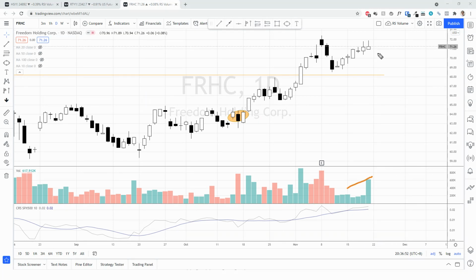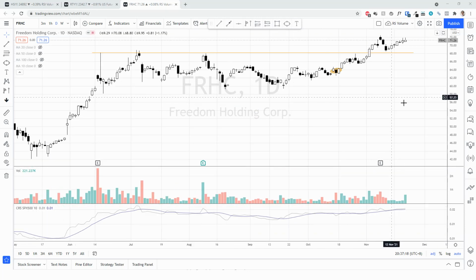So I would really like to see it come back and have a test, maybe a higher low, or maybe somewhere around here near the level, and then take a reversal trade right there with a stop just below the swing low, or even below the breakout bar, somewhere around 67 will be relatively safe, with a potentially great reward to risk ratio. If this is a reaccumulation, with this huge cost build, there will be quite a lot of upside ahead. So this is FRHC and it's an ongoing trade.